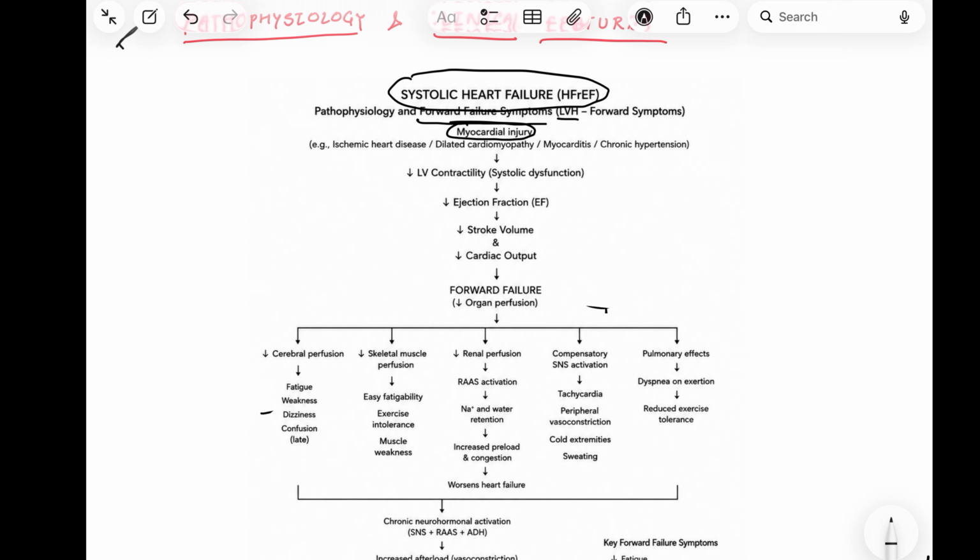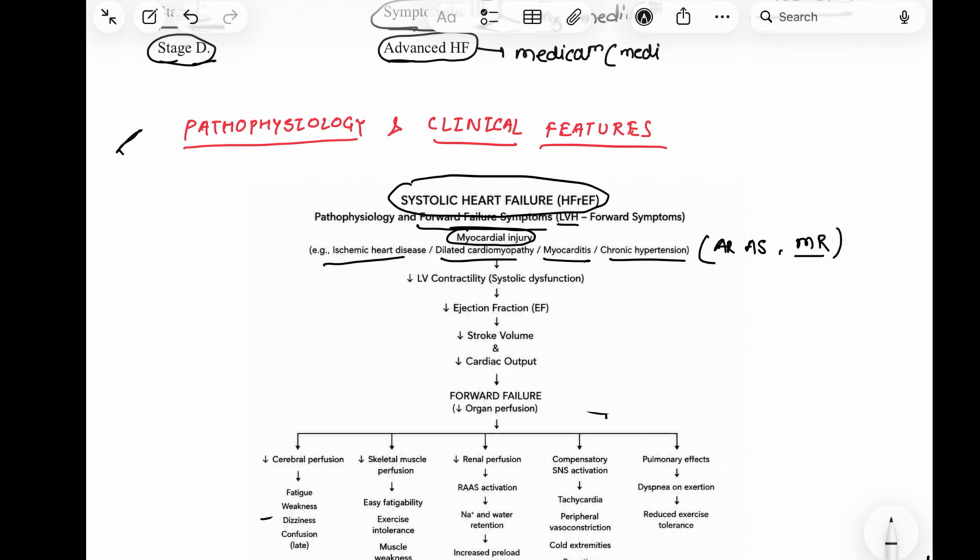So what are the causes of myocardial injury? Ischemic heart disease, dilated cardiomyopathy, myocarditis, chronic hypertension, and a few valvular heart diseases like AR, AS and MR. Severe AS, AR, MR will also cause myocardial injury, which leads to heart failure. Due to this myocardial injury, there is decreased left ventricular contractility, right?